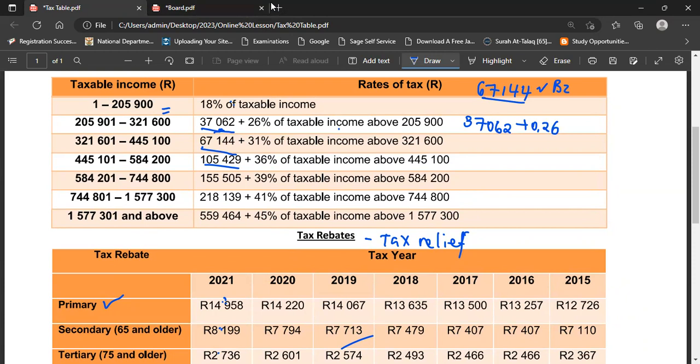The 0.26, I took and divided by 100. Then, into brackets, I take the maximum number here and write it here. Then 600 minus the number I found here.